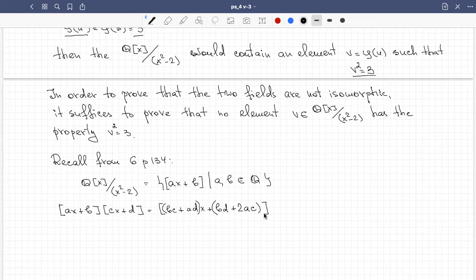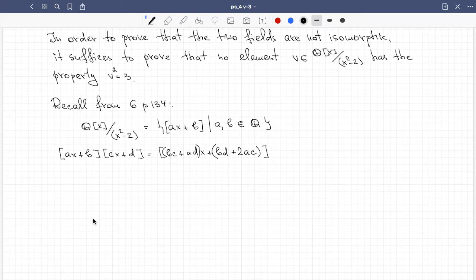Now I want to show that no square is 3, so I multiply. If such an element exists, such a V exists, there should be ax plus b times cx plus d equal to the class of 3, and the class of 3 is the same thing in this field.